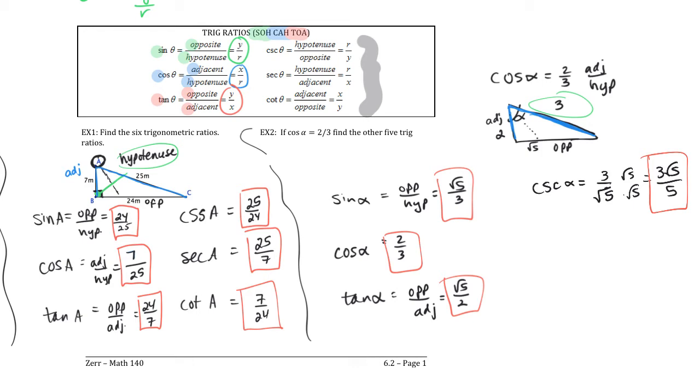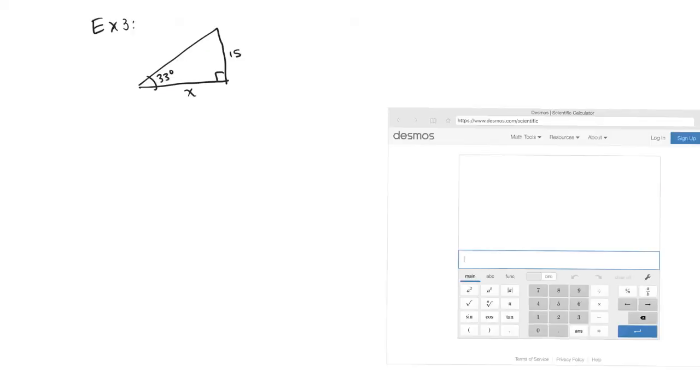And then the secant, that's the reciprocal of cosine, so it would be 3 over 2. And then cotangent, that is the reciprocal of tangent. And just rationalizing that denominator, we would get 2 square root of 5 all over 5. Done.